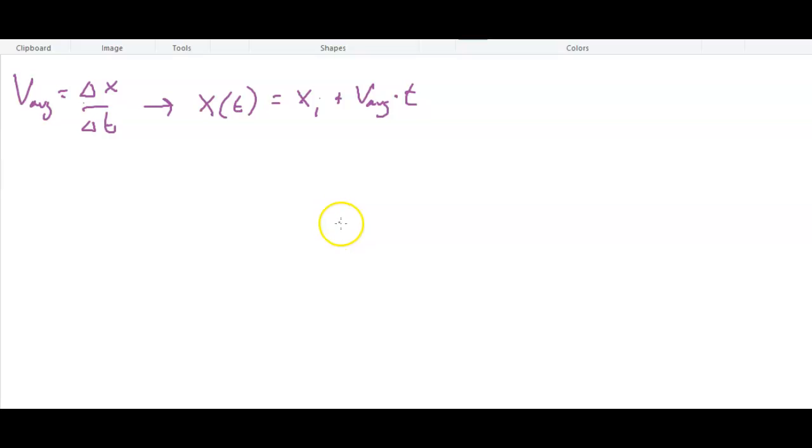That's what we showed. All right, well, we have another equation here, and that actually tells us what v average is equal to. So v average was actually equal to the final velocity plus the initial velocity divided by 2.